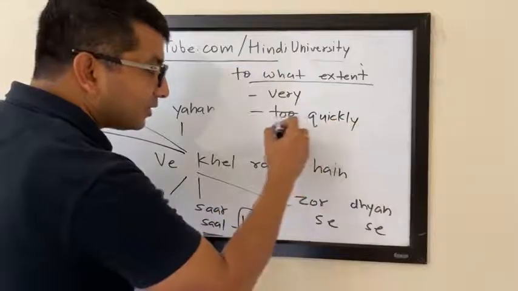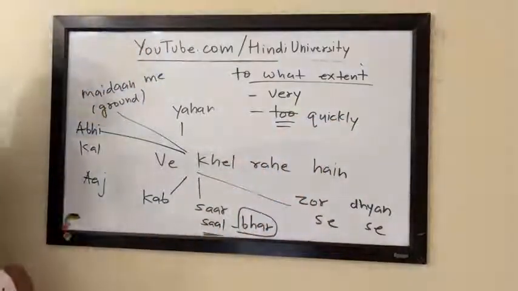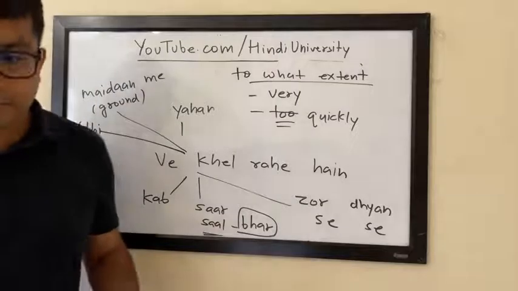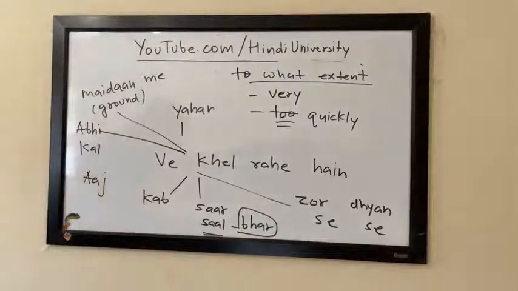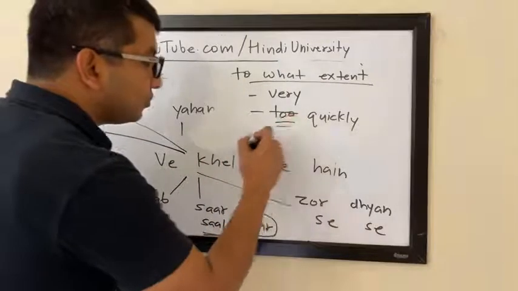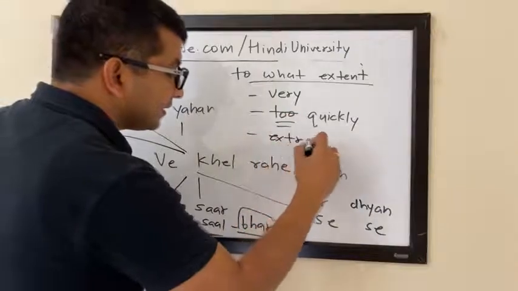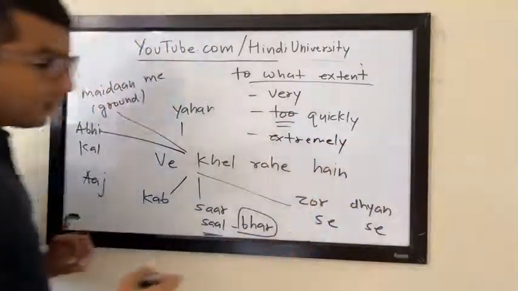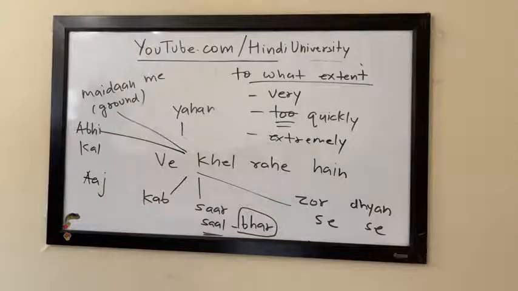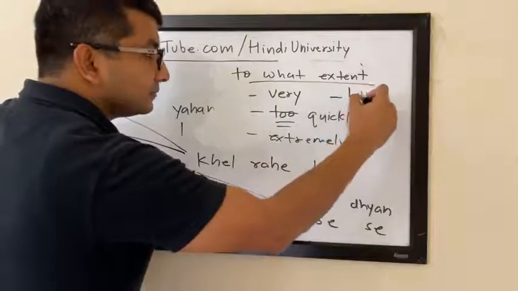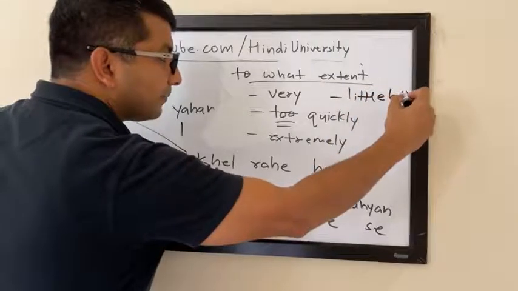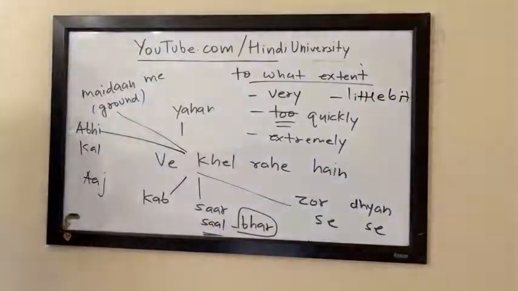Quickly is already an adverb, but you're putting "too" in front of it and modifying the adverb itself. That's basically the extent. Similarly, you have "very" to "extremely," and "a little bit." These are all the adverbs that describe the extent.